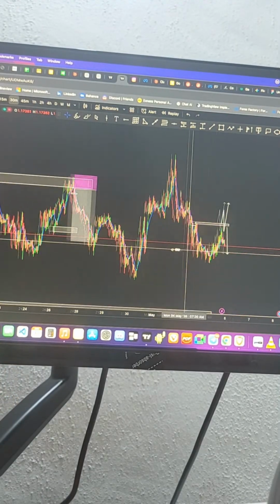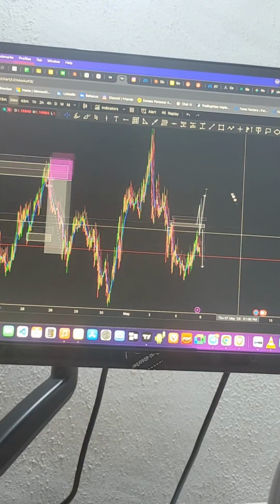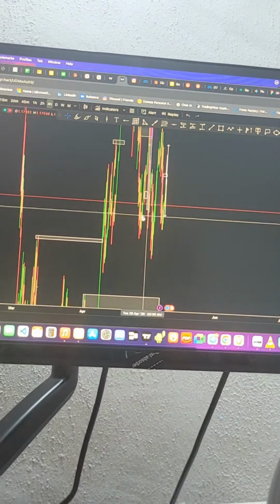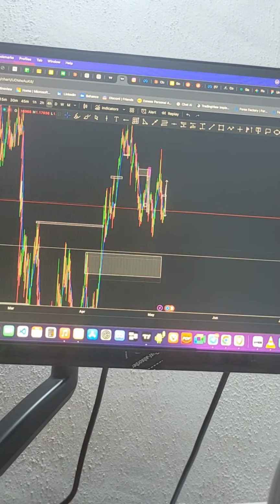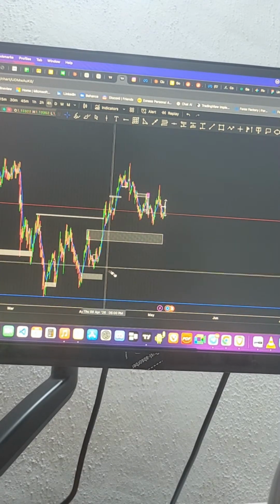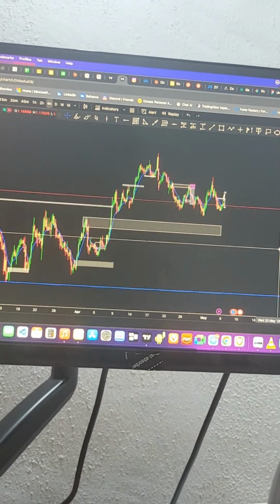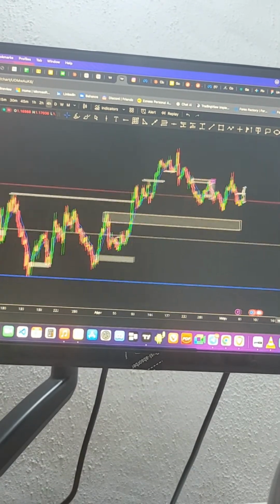So currently it seems Euro USD is still going to sell. Let me go to a 4-hour time frame so you can see where Euro USD is trying to come back to. You can see what is happening here on Euro USD.